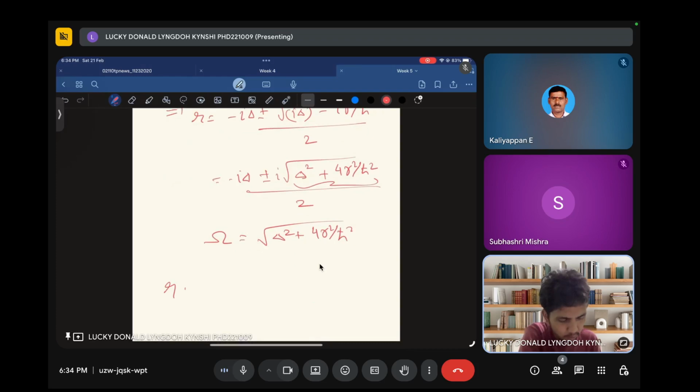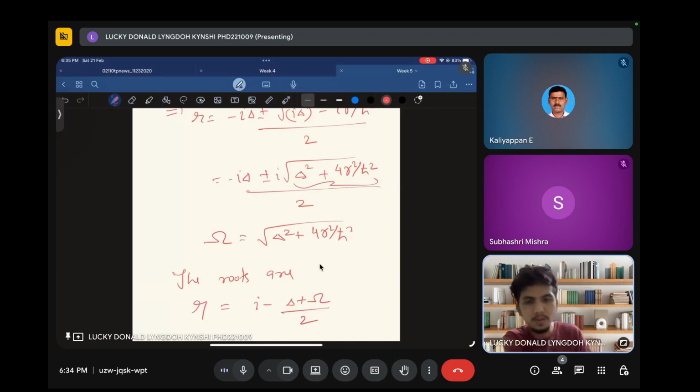So the roots are equal to i times minus delta plus omega by 2.